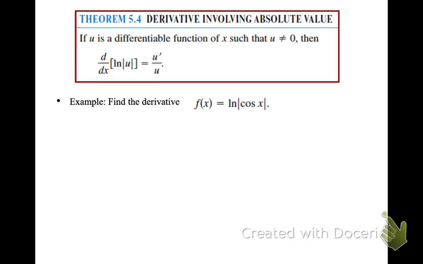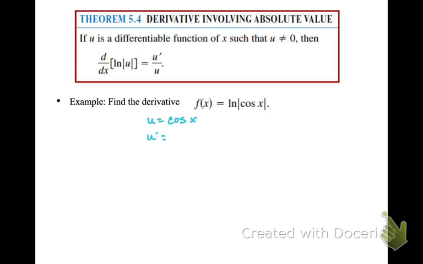So I have find the derivative of f of x equals the natural log of the cosine of x. Isn't that the same thing? So what's u? Cosine of x. And what is u prime?